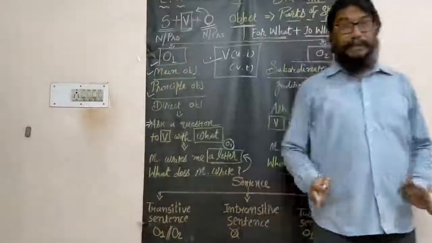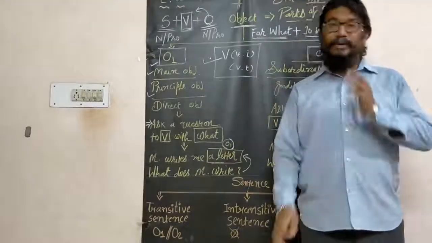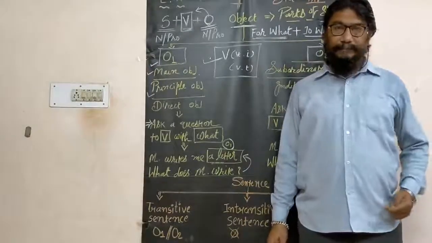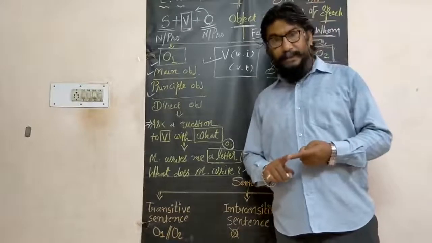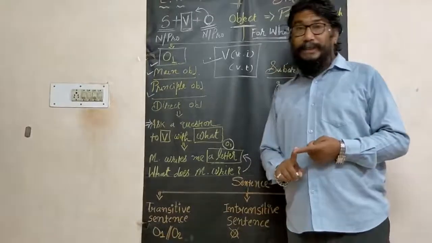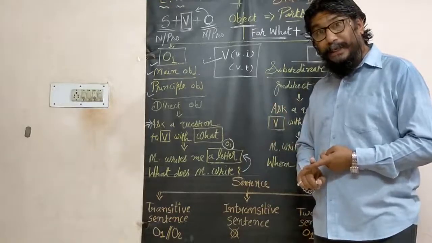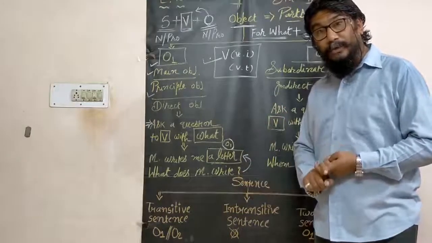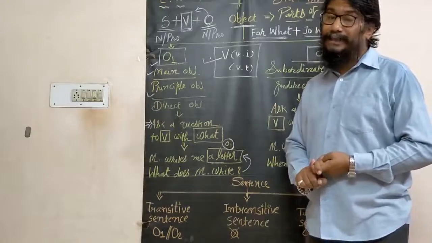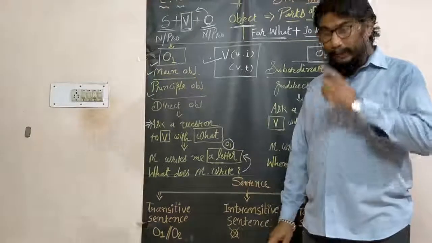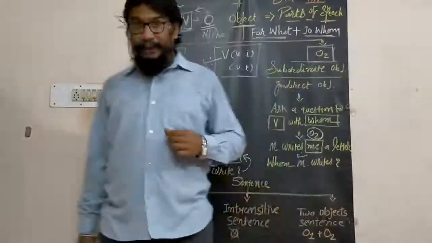Based on object, sentences are also divided into three parts. One is known as transitive sentence, another one is known as intransitive sentence, and third one is known as two objects sentence. What is the transitive sentence?